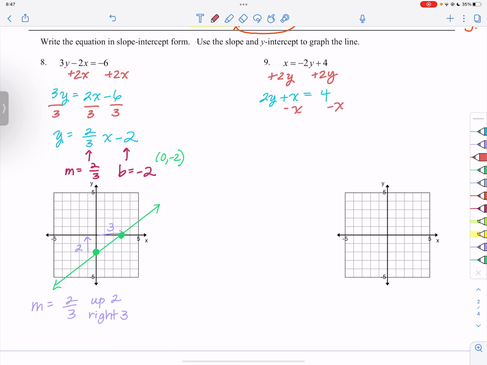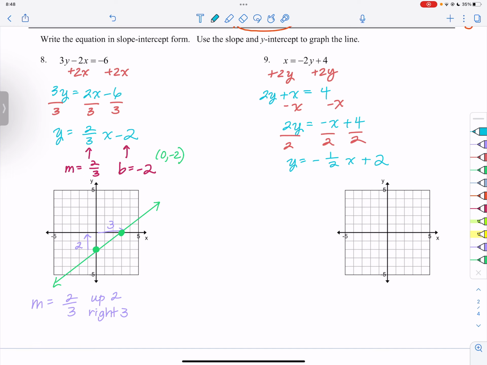We'll subtract x from both sides. 2y equals negative x plus 4. And now we'll divide every term by 2, and we have y equals negative 1/2 x plus 2.